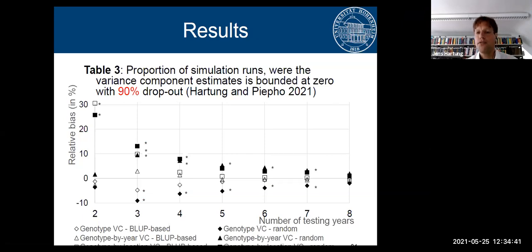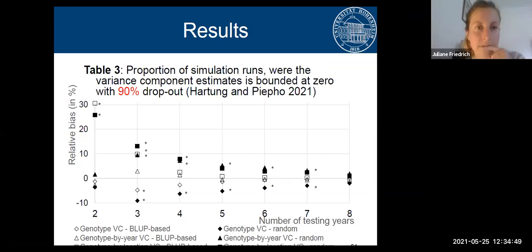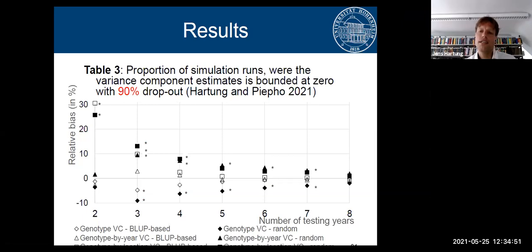From my point of view, the bias in random selection and in blup-based selection is more or less the same. It's slightly higher under random selection because the connectivity between the years is reduced, as genotypes are randomly dropped in each year, while with blup-based selection, the best genotype could remain across 8 years.